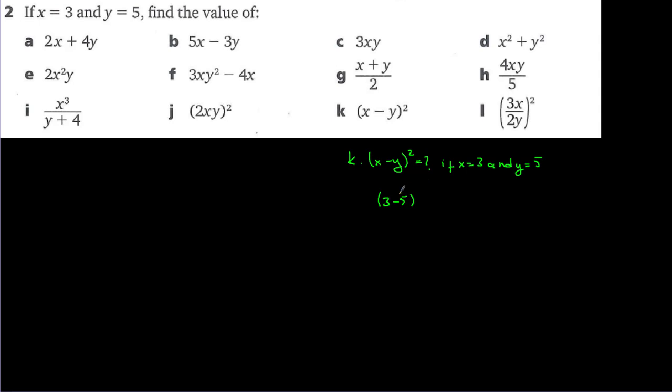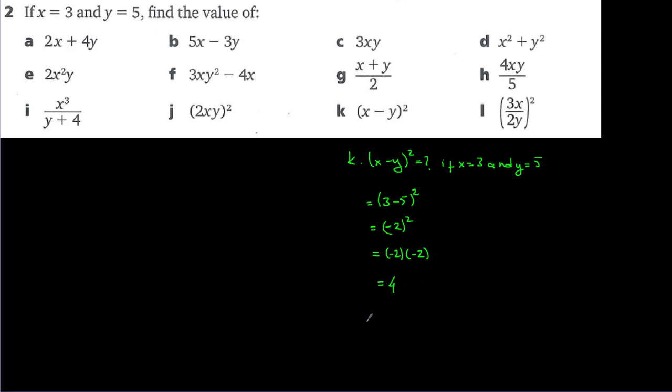So the answer is going to be equal to 3 minus 5 square, which is equal to first in parentheses minus 2 square, and minus 2 square means minus 2 times minus 2. For one more time to remind the expression, I'm writing this, which is equal to 4. That is the answer of the question.